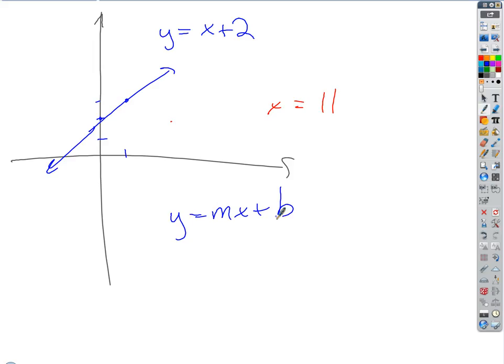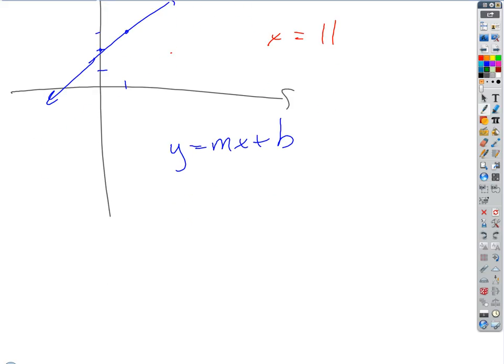Once I dial in those values of m and b, I've got exactly one line. So we'd say that those are, in math, to put a technical term on this, and this isn't really in the book, but you guys are beyond the book, we'd say those are parameters. Okay? Those are values I can set to identify one specific line out of all the infinite possible lines, right?